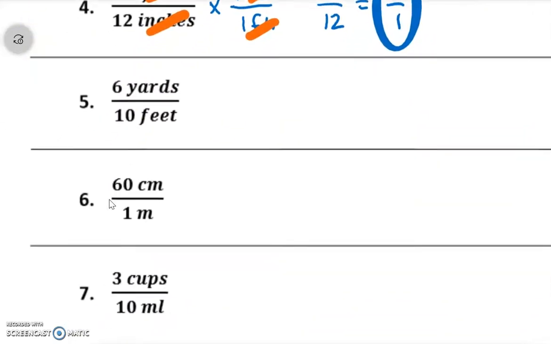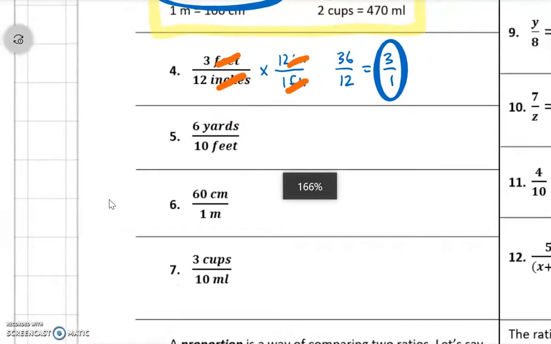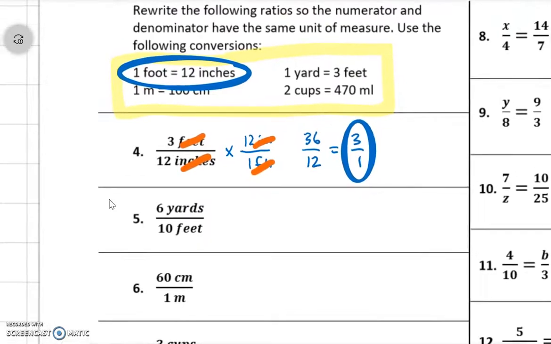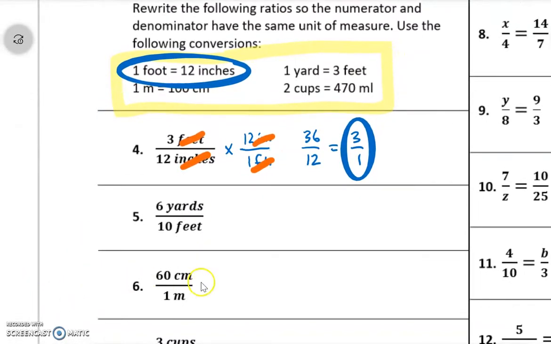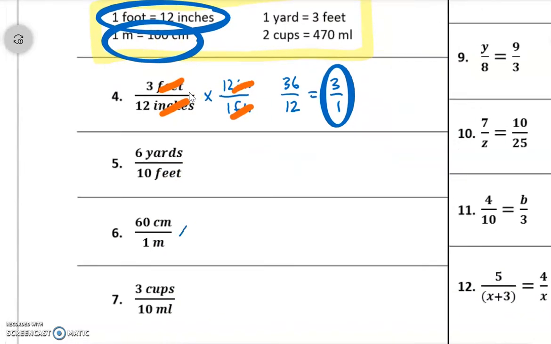Let's do another one of these here. Let's do number 6. It looks like we're comparing centimeters and meters. If I go up here, I can see that 1 meter equals 100 centimeters. So I'm going to make sure I multiply by 1 meter is 100 centimeters. The units are opposite because we want them to cancel.